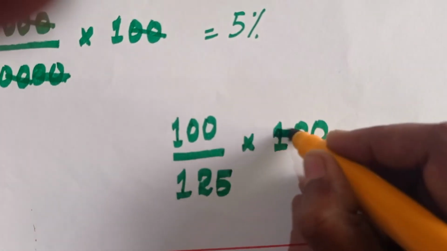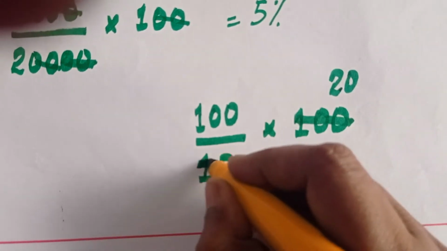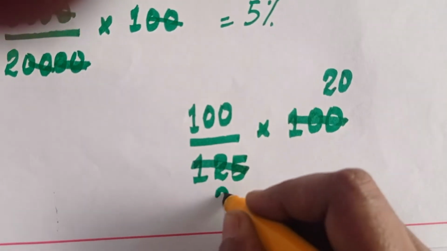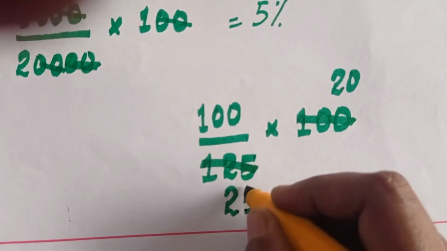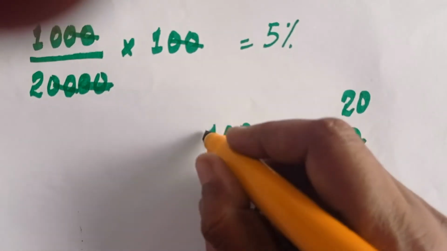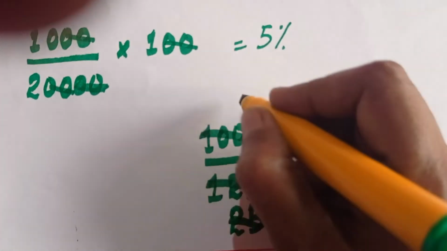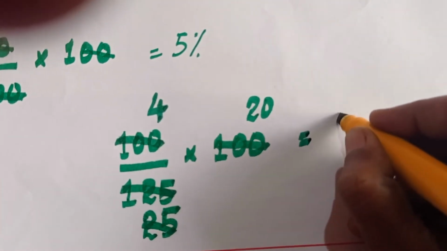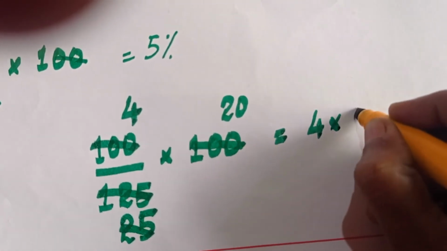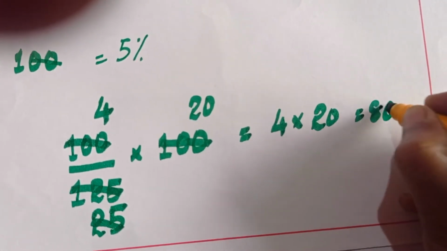Then 100 divided by 5 is 20. Then 125 divided by 5 is 25. Then 100 divided by 25 we get 4. Then 4 into 20 is equal to 80%.